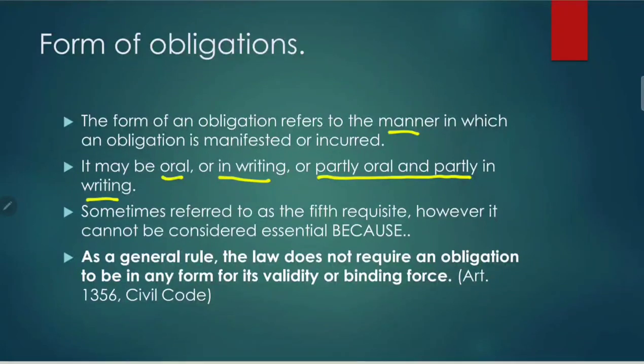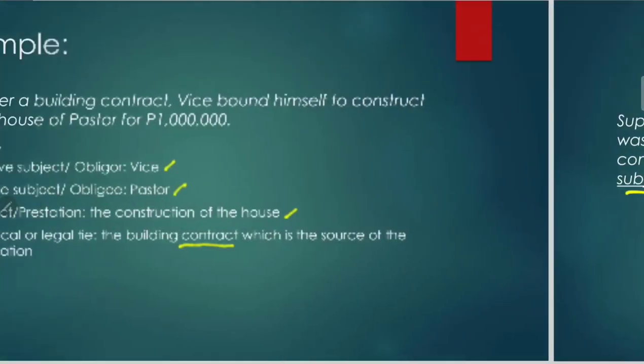Pwede daw verbal or oral, pwedeng documented or in writing, or pwede ding mixed, partly oral and partly in writing. It is sometimes referred to as the fifth requisite. May mga authors na nagsasabi na ito ay fifth requisite, di ba? 4 yung kanina na requisites.